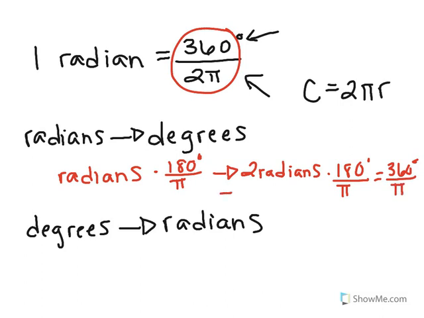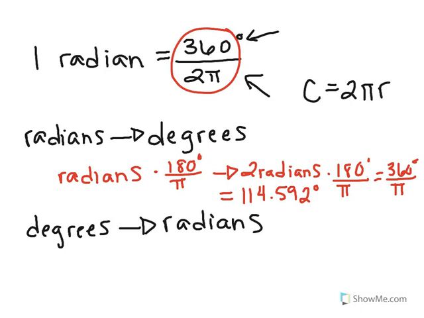And in my calculator, I'm going to simplify that. I'm just going to do some division and get a decimal. 360 divided by pi, and do not use 3.14. Use the pi button on your calculator. And that's going to give me 114.592 degrees. So that's how I convert radians into degrees.